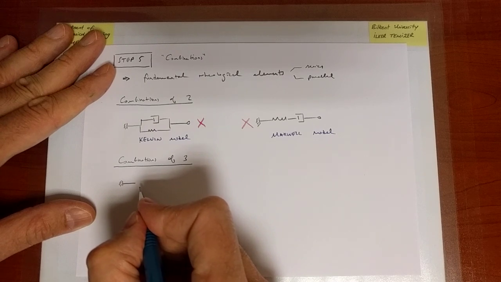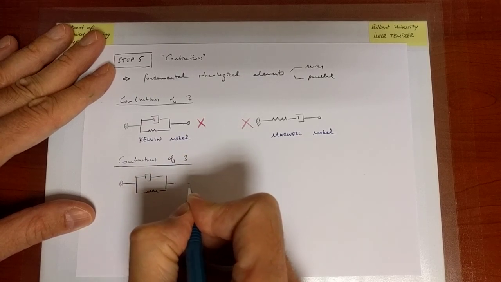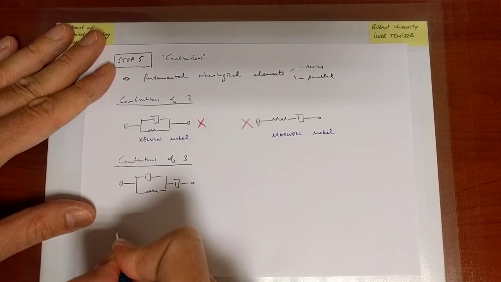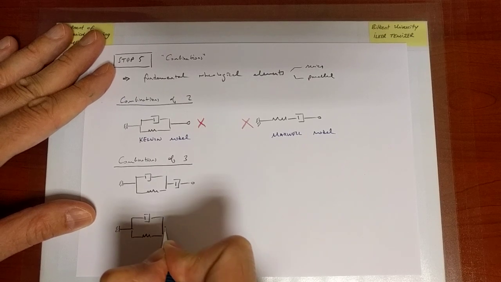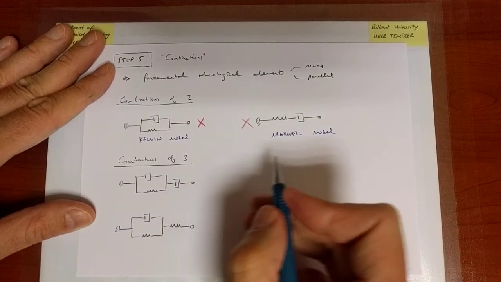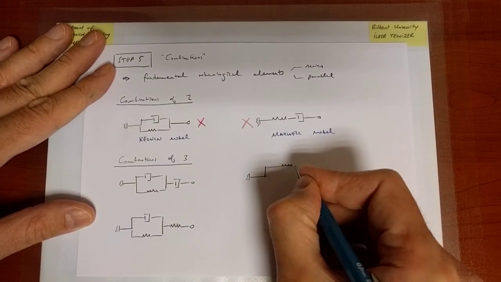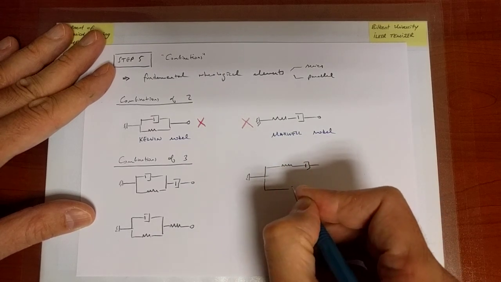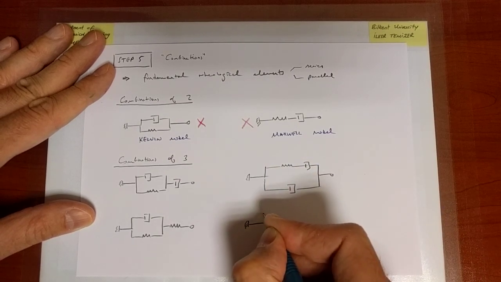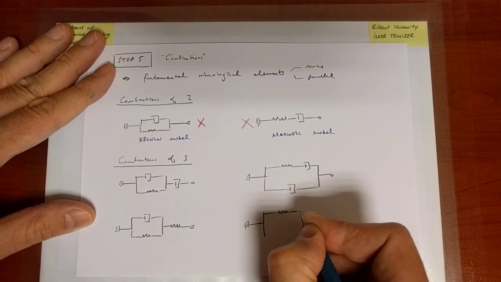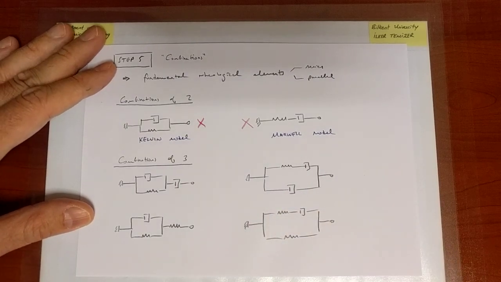We can take the Kelvin model, and to it we can add a dashpot in series, or you can take again the Kelvin model and you can add a spring in series, or you can start with the Maxwell model and you can add a dashpot in parallel, or you can start with the Maxwell model, and you can add a spring in series.